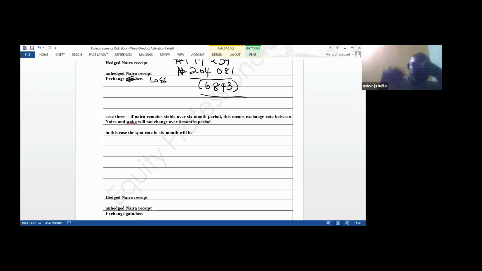Therefore, the spot rate will be 2.50 waka per naira, because the exchange rate between naira and waka is stable. There is no fluctuation.